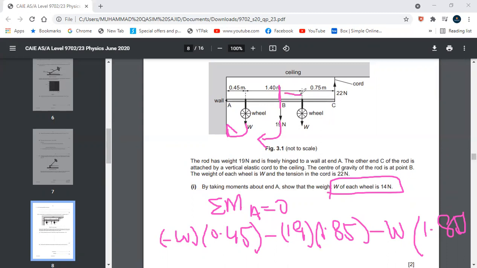This distance is 0.45. So first we have to do 1.45 minus 0.45. So this distance must be 0.95. Then this 19 must be multiplied by the distance, that is 1.3 something.